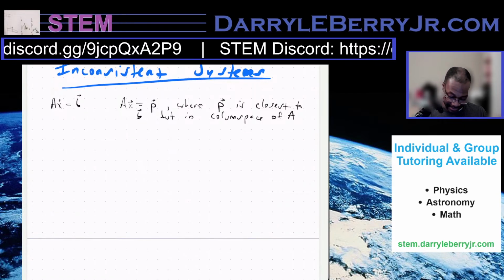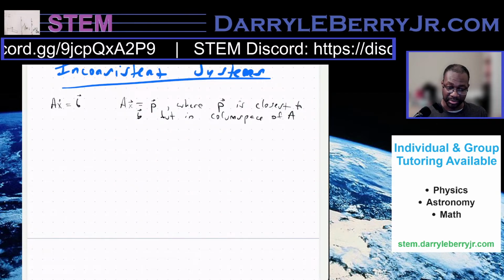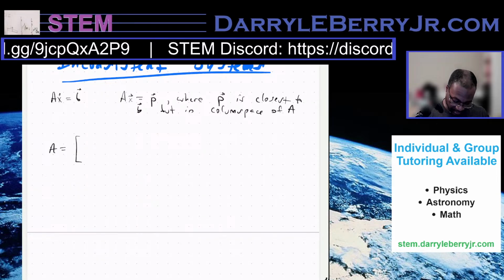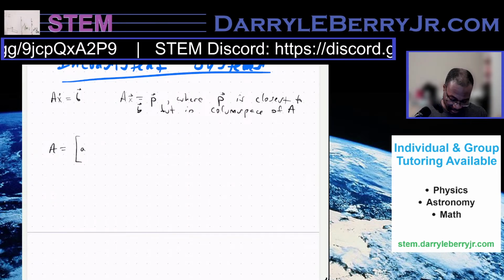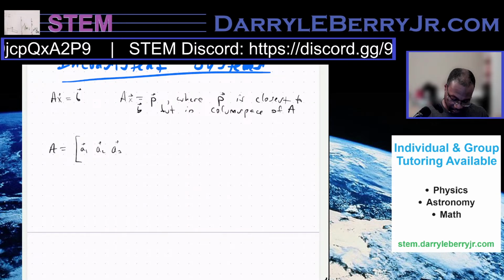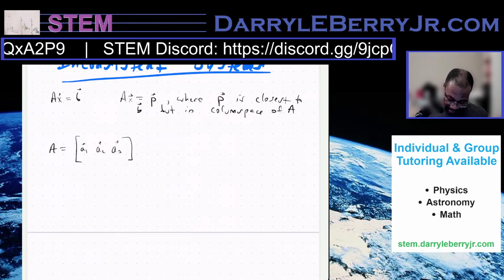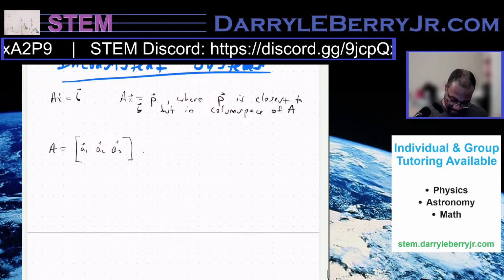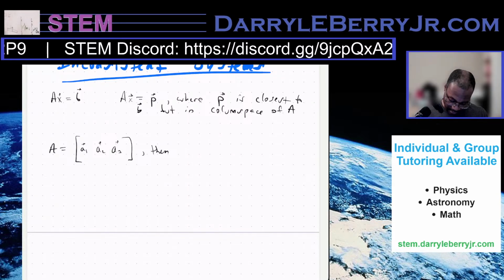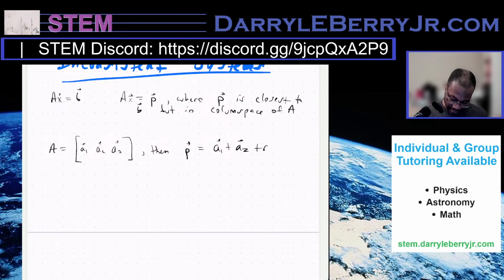But we can try to solve Ax equals P, where P is the vector closest to B, but lying in the column space of A. So if A equals these column vectors, then B, then P equals A1 plus A2 plus A3.